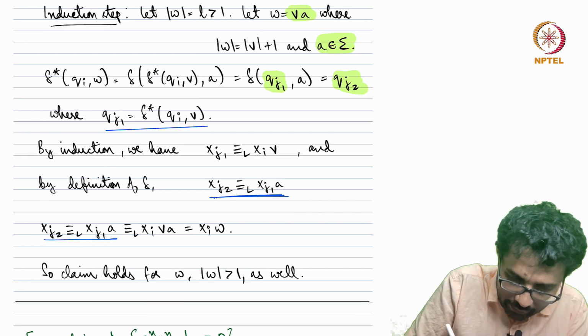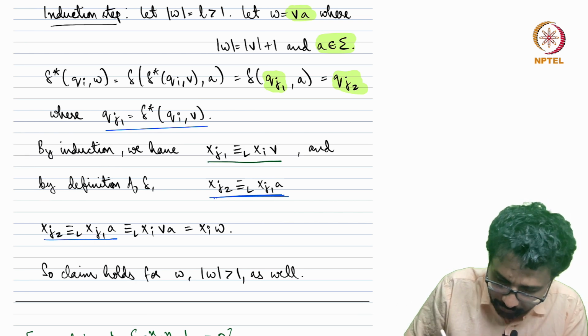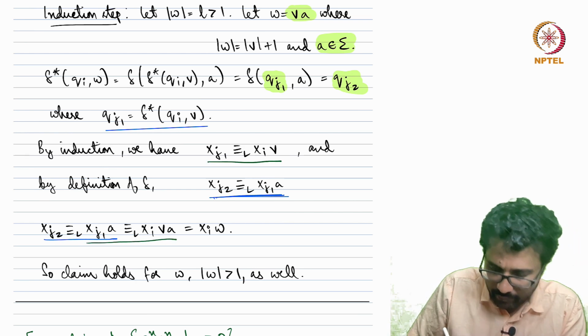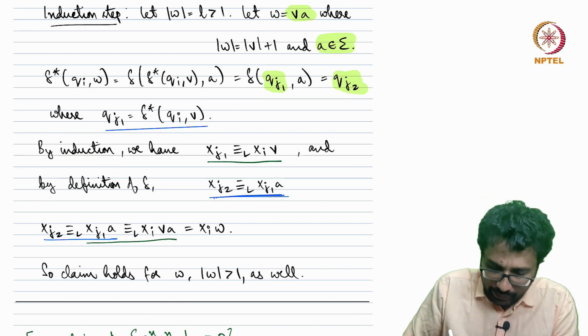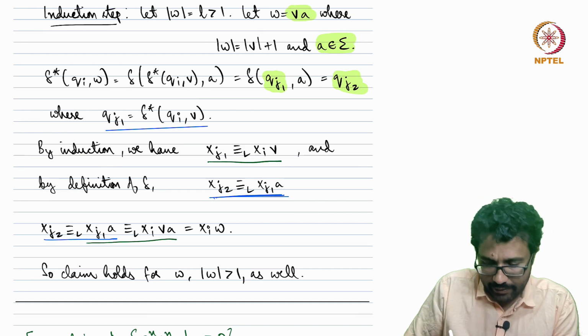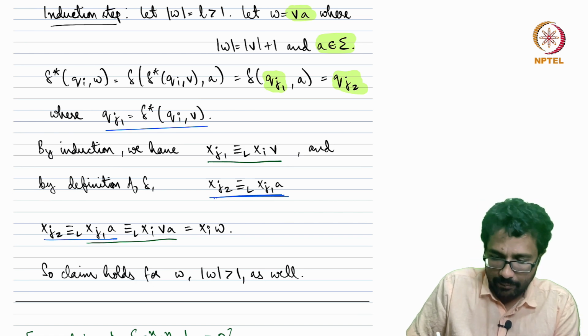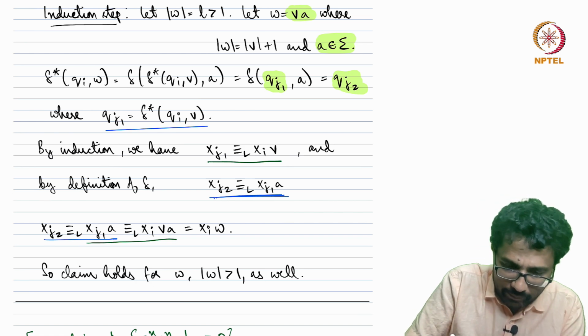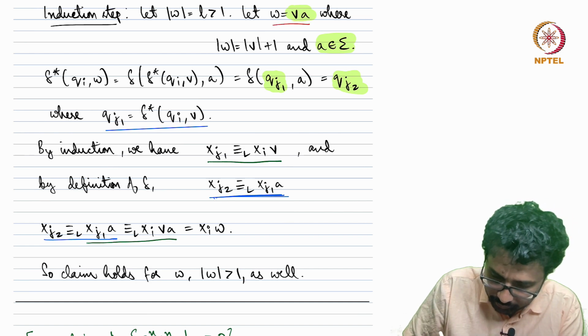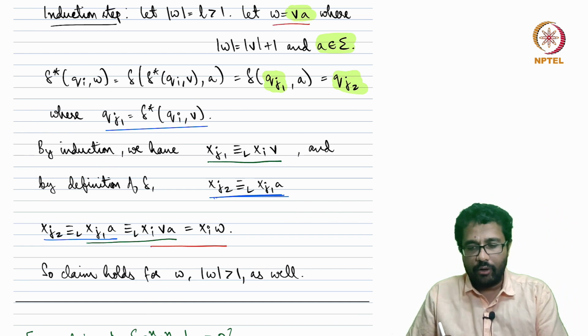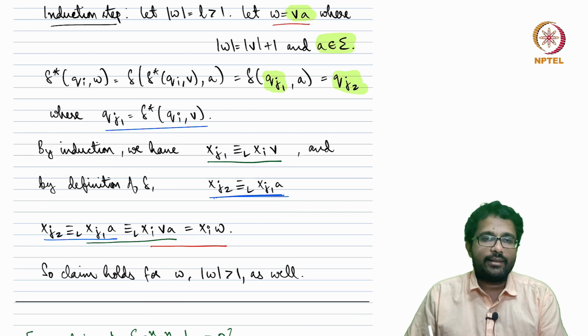Maybe I'll mark it green color, and this is the green equivalence. But then Xi v a is simply Xi as it is and v a is the same as w. So, in red color, this is equal to Xi w, not equivalence.